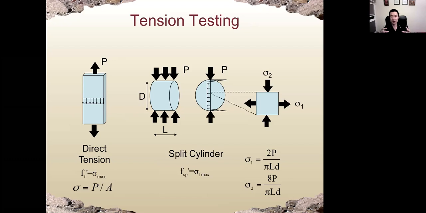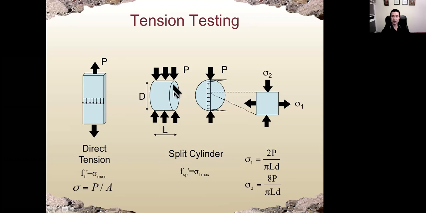That is because we need the instrument to grab the specimen, and that grabbing force will generate some stress concentration, which will affect the test result. Because of that, instead of doing a direct tension test, we do the so-called split tensile test or split cylinder test.